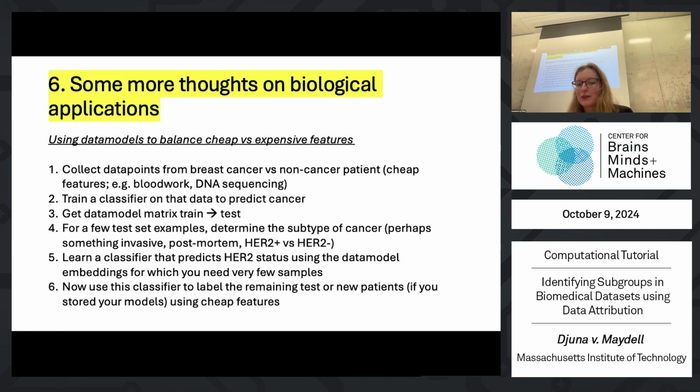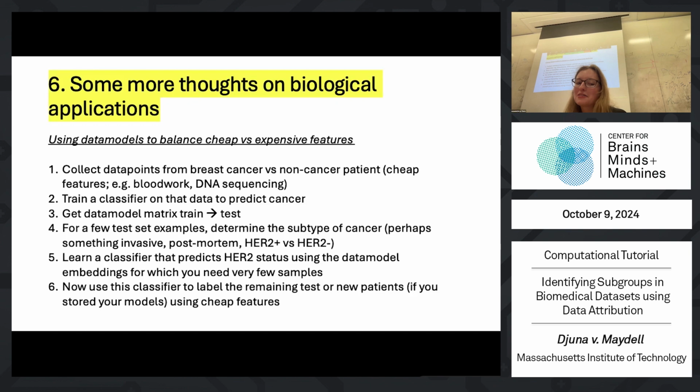And then with these very few labels, because we saw in the practical part that just from the data models, you can actually get away with very few labels to differentiate between a healthy and a particular subtype of your disease, then you could try and learn a classifier that will essentially help you label other data points with this subtype, like HER2 positive breast cancer, which is a much more expensive type of label to get.